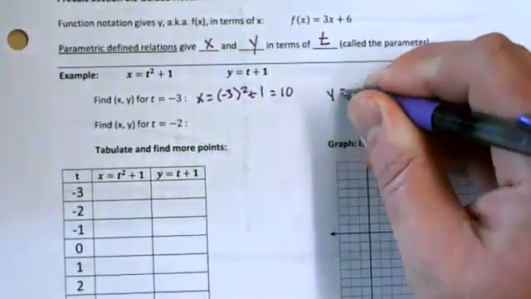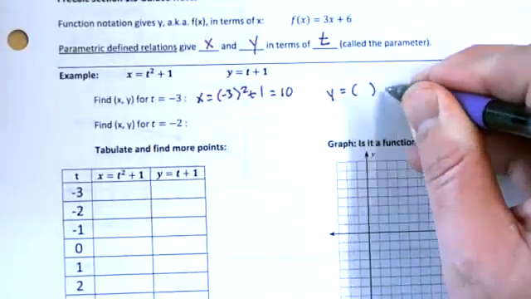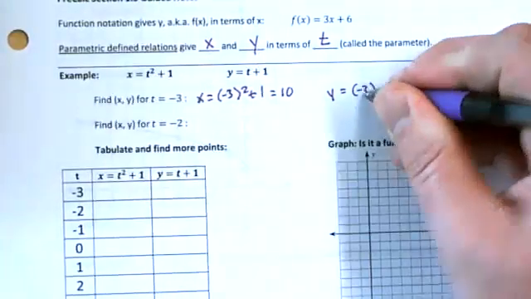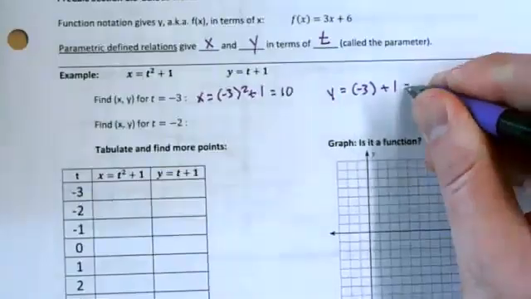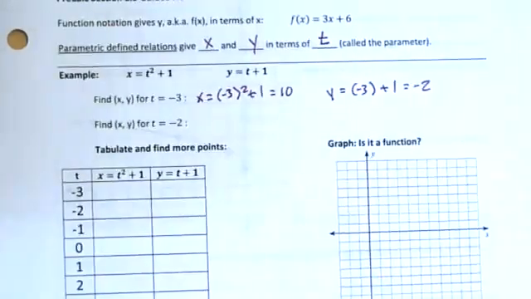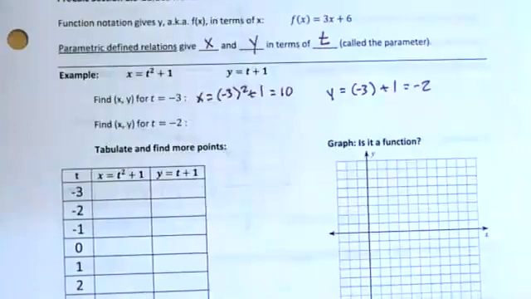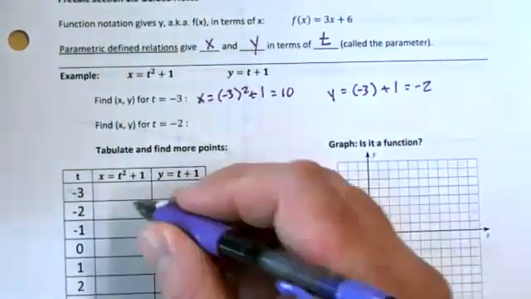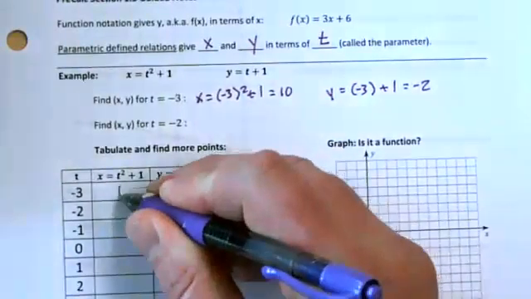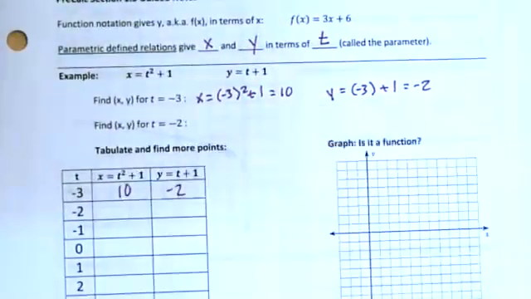The y value is t plus 1. T is -3. We evaluate that, we get -2. So for a t value of -3, we come up with a point 10, -2. And let's graph that point on our graph here.